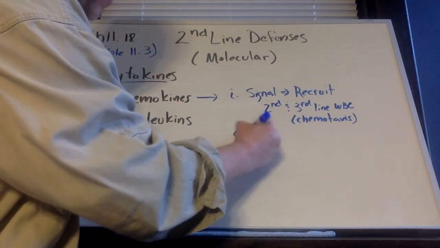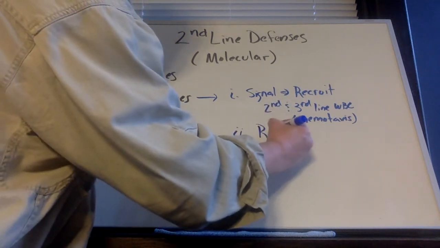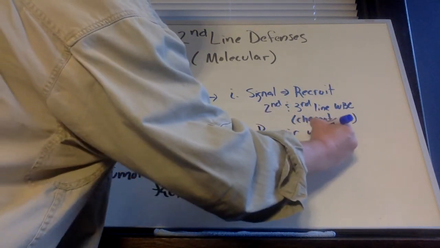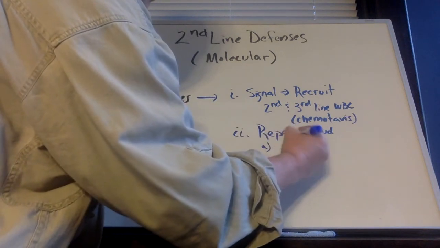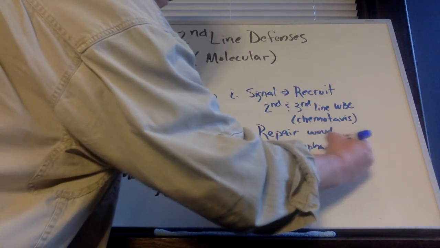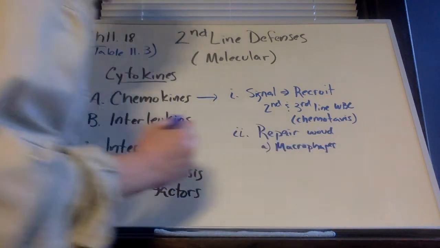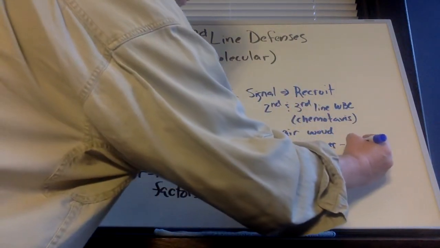Chemokines are also very important for the cleanup. These are going to help to repair the wound site. One thing that will happen is it'll tell the macrophages to undergo phagocytosis and eat up any dead cells.